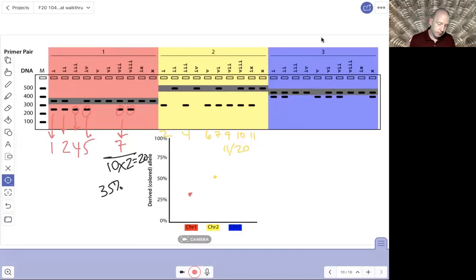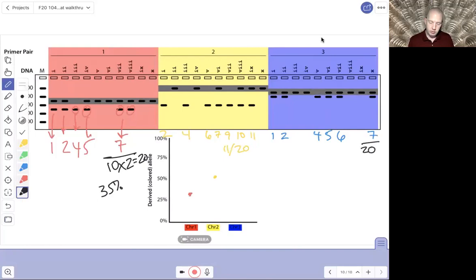So in blue, we've got 1 for a heterozygote, 2 for 2 heterozygotes, 4 for a homozygote, 5, 6, 7. So that's 7 out of 20, which is about 35% again.